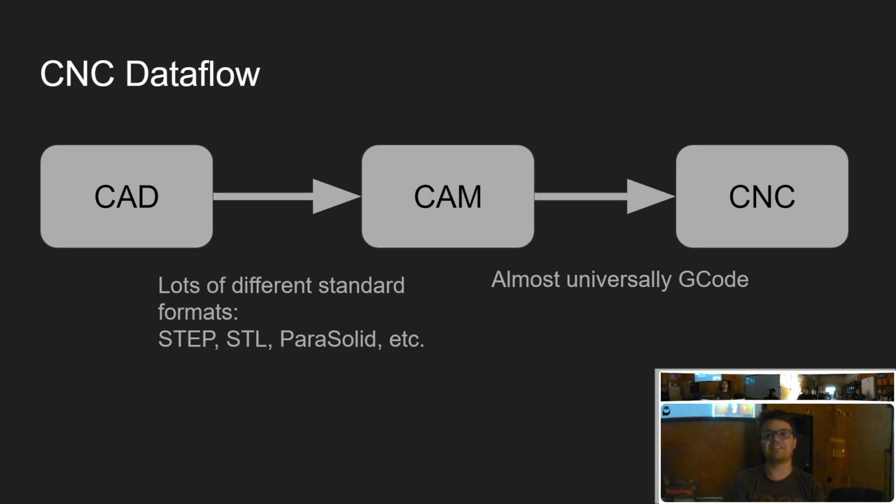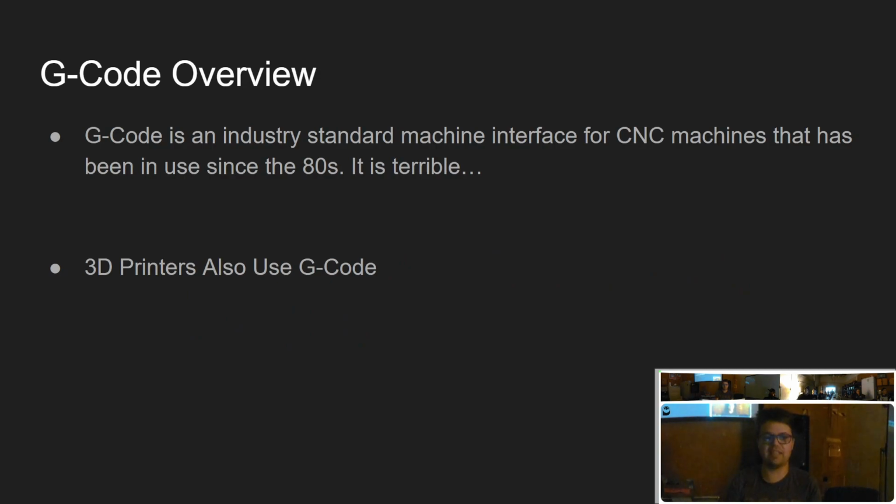In general, the machines agree on about 70% of the instructions, and then for all of the weird bells and whistles, special functions that make our machines better than your machine, everybody does it in different custom ways, which gets really, really messy.